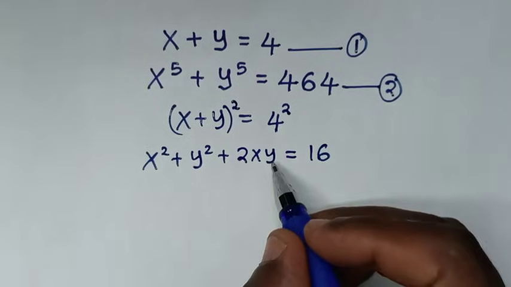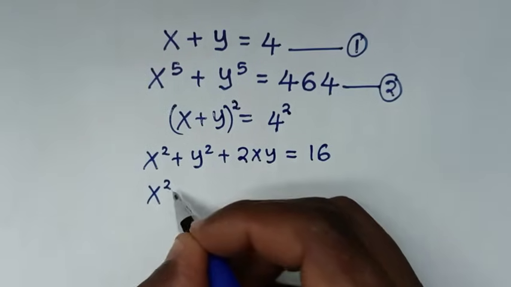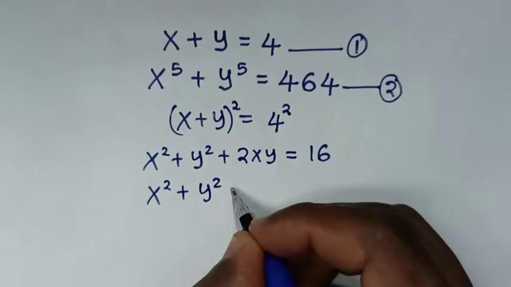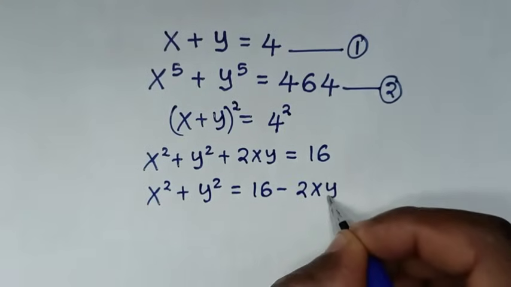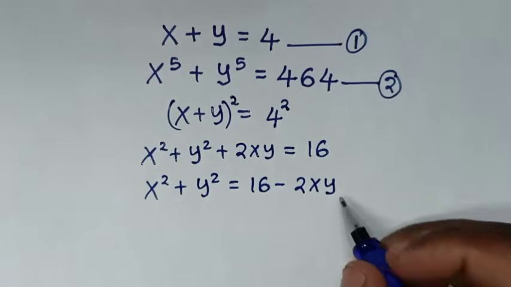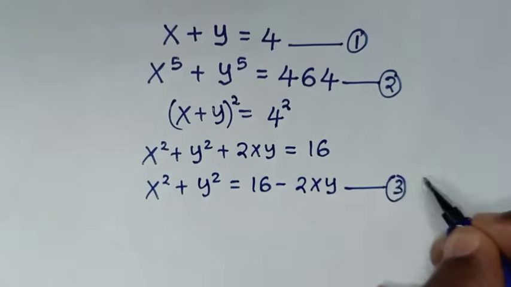Then we take the 2xy to the right side. So it will be x^2 + y^2 = 16 - 2xy. We'll call this equation 3.